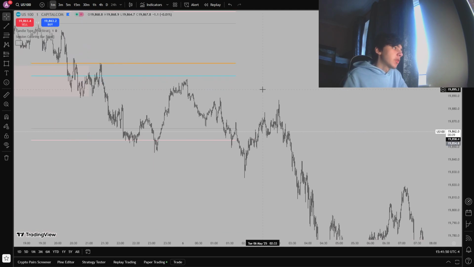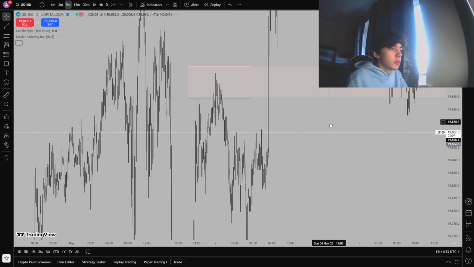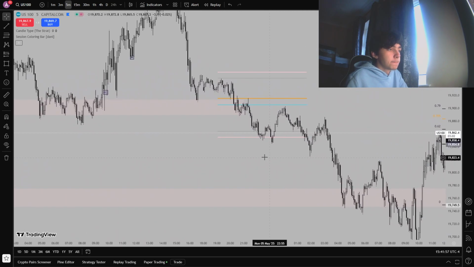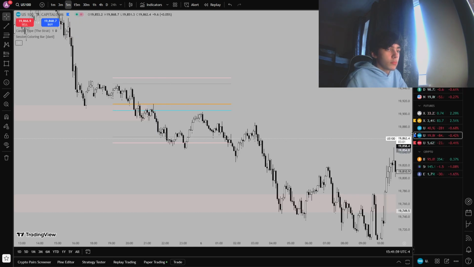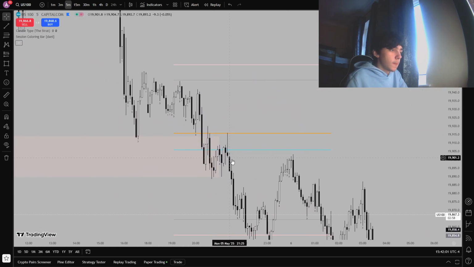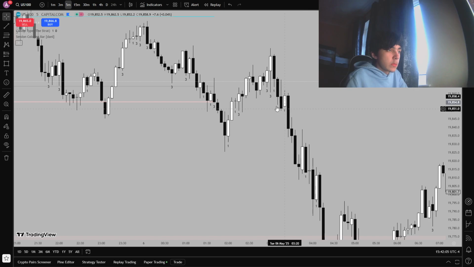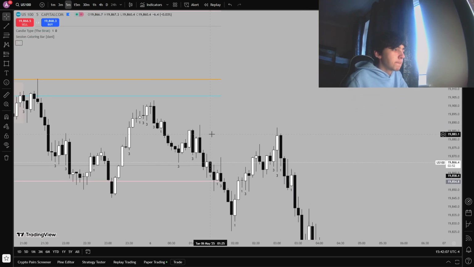Coming into this trade, it was the 245 macro. So here it is.